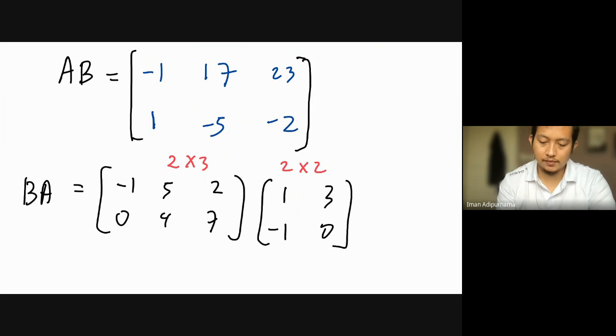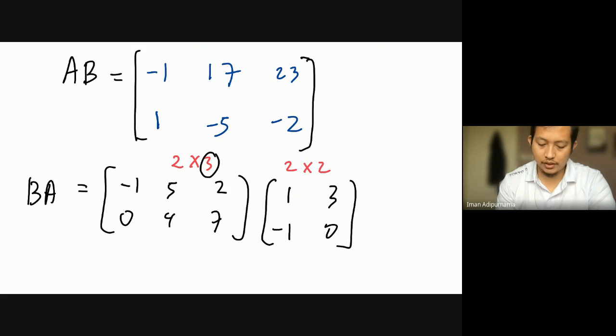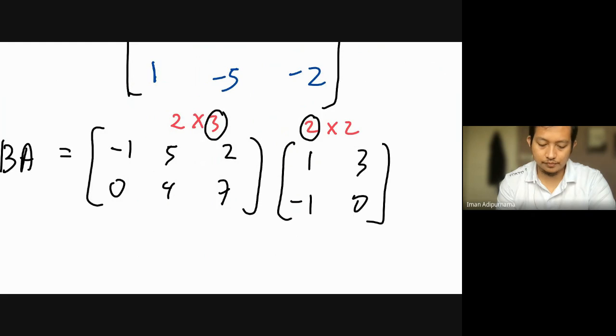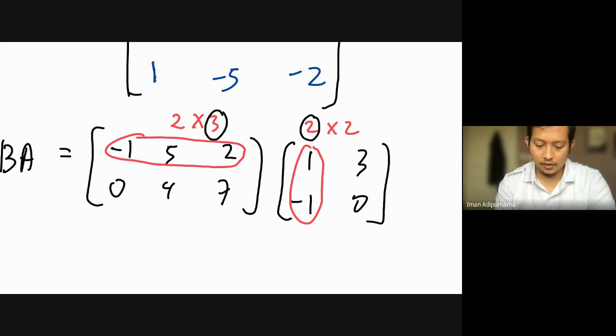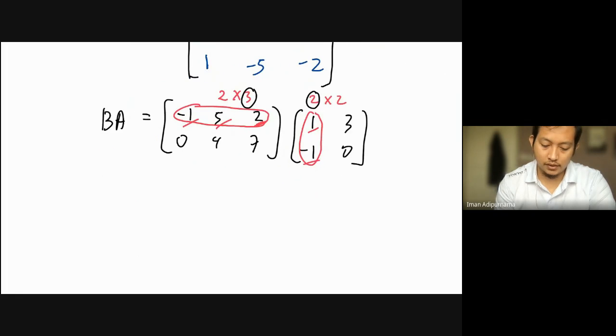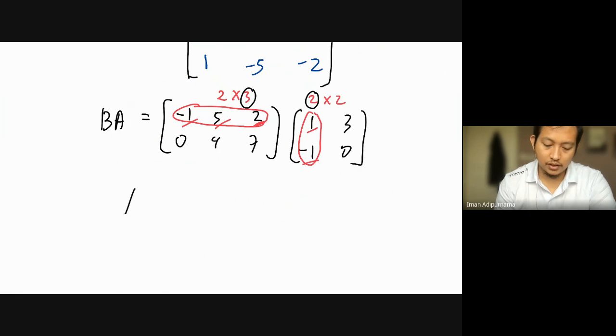By the size, we check this 3 and 2. It's not matched, right? It's not equal. And when you try to solve, the row and the column are not matched. That's the problem in matrices. So for multiplications, AB is not the same as BA.